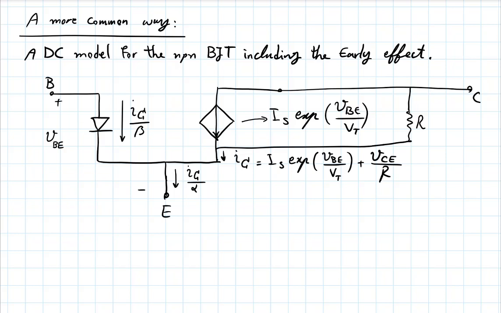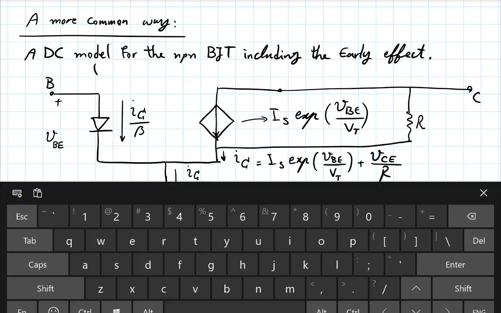If you have a transistor in the active mode in a circuit and you want to solve the circuit, you can replace the transistor with this and solve it, as long as you know you're in the active mode. So we should say explicitly in the active mode.